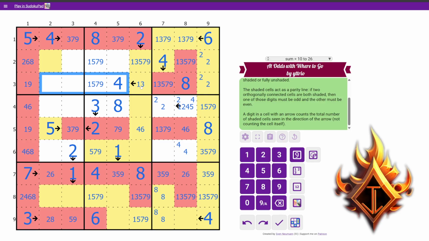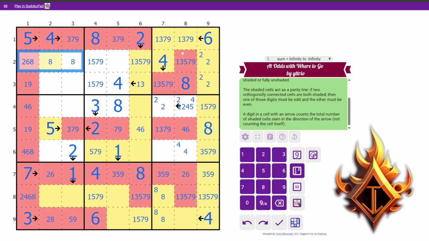Hang on. I'm saying if that's 1, all of those are yellow. That would be red. It would have to be 6. That would be yellow. That would be red. And it would need to be 8. Okay, so that would be okay though. 8 does go in the middle row there.